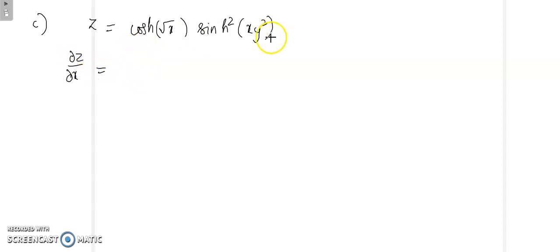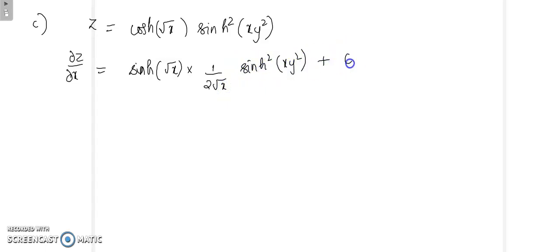Dou z by dou x will be, so here you need to use the product rule because both the functions contain x. For cos h root x, the derivative of cos h is sin h root x. Again by chain rule, the derivative of root x is 1 by 2 root x into sin square x y square plus cos h root x into, now take the derivative of sin square.